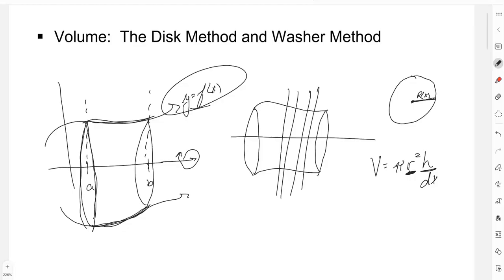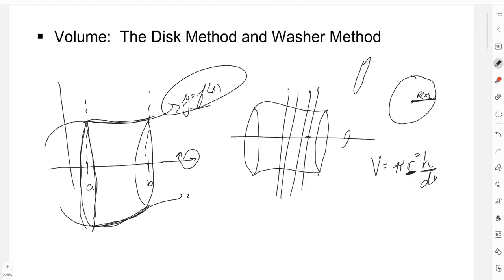So it's a variable radius in most cases. And our height of our cylinder, you're thinking about these cylinders sideways. So this CD is actually a sideways CD right here. And when I slice this, the height of that cylinder would be our dx in this case.